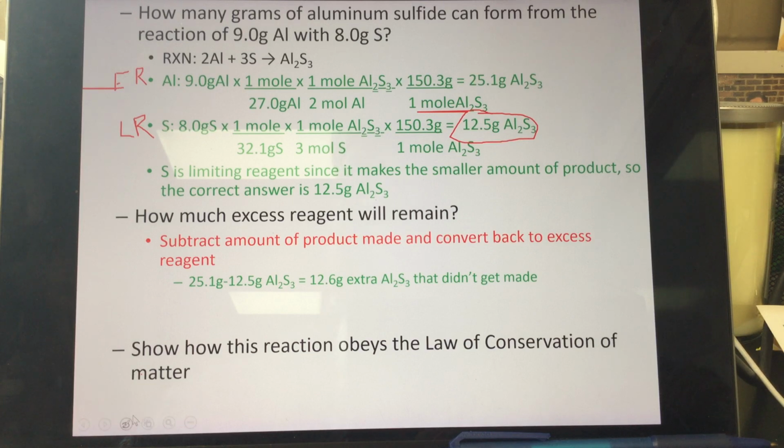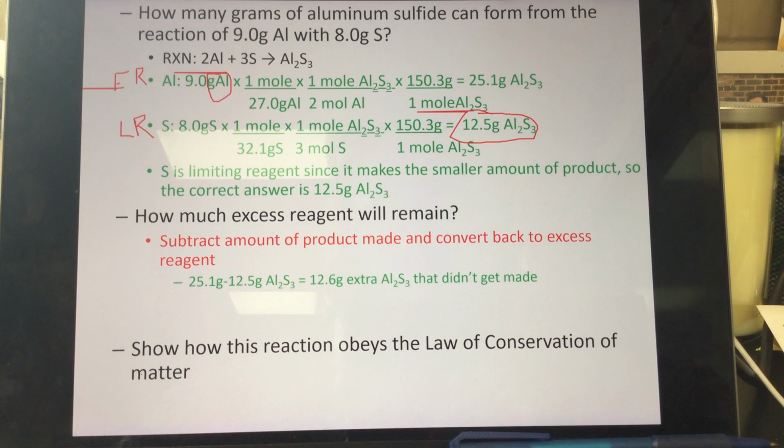And then we're going to take that extra amount of grams of aluminum sulfide and convert it back to what we started with originally for our excess reagent, and that is grams of aluminum. So you'll always go back to the units and the substance of our excess reagent when you're doing that.